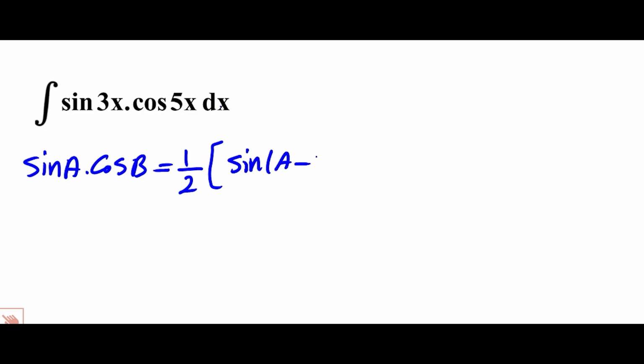Number 2, the integral of sine of 3x times cosine of 5x dx. For this one, we use the identity for sine of a times cosine of b equals 1/2 times sine of a minus b plus sine of a plus b.